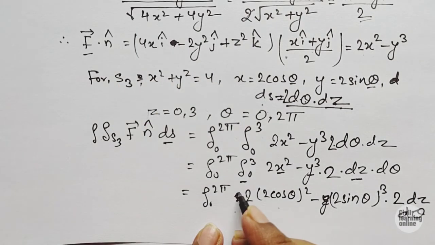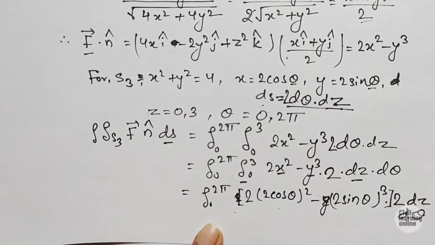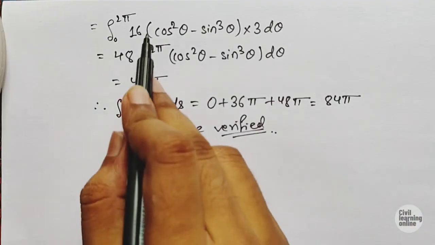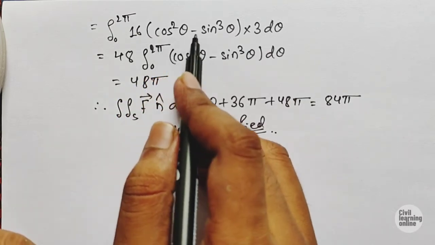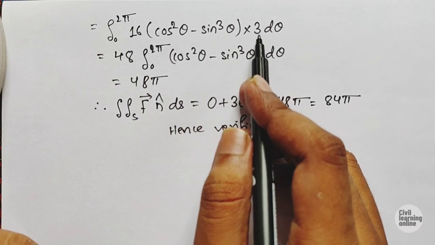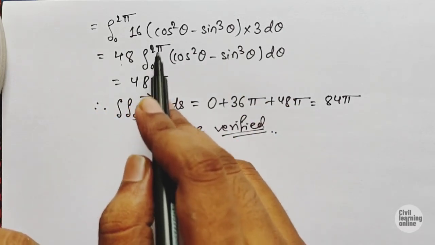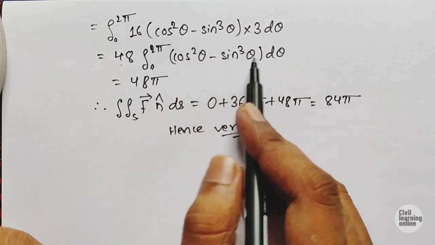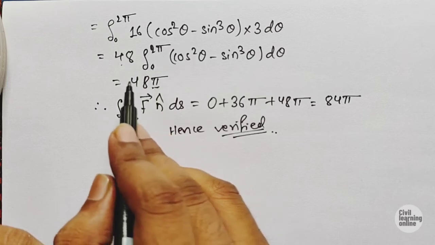And we will have a bracket right here. Now we have multiplied the constants, and we have cos squared theta minus 3 sin cubed theta and 3 d theta. So 16 multiplied by 3 is 48, and the integration from 0 to 2 pi of cos squared theta sin cubed theta, on integrating this we will get pi, and so 48 pi.